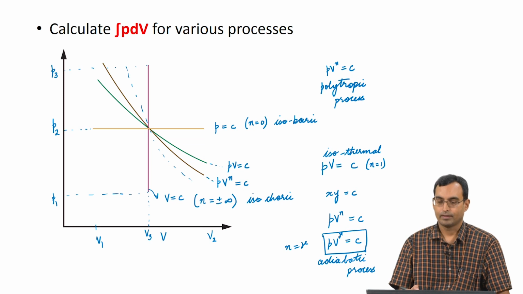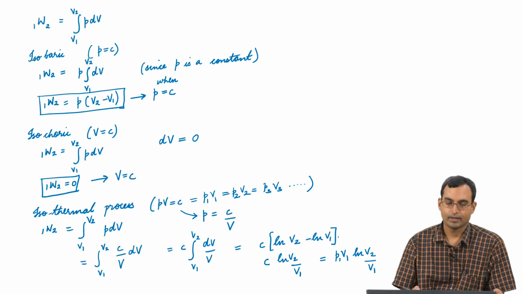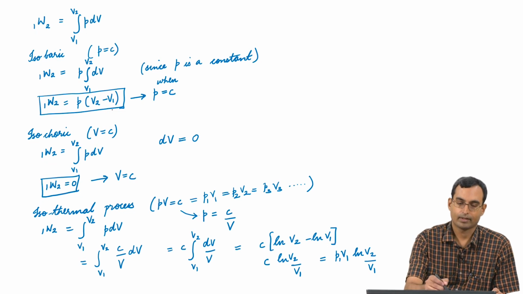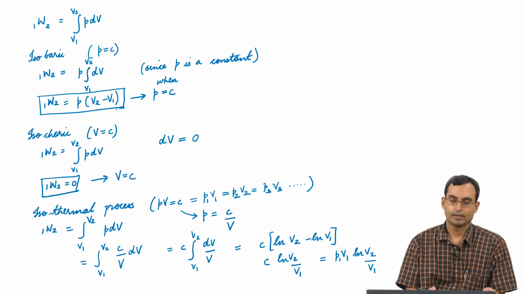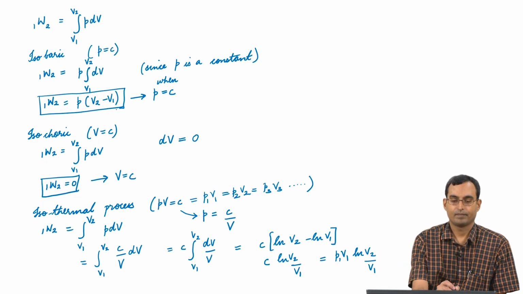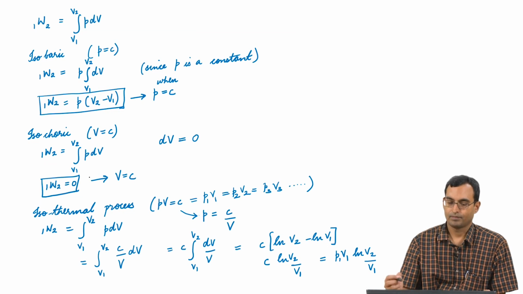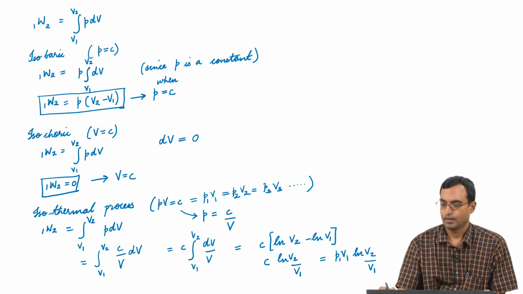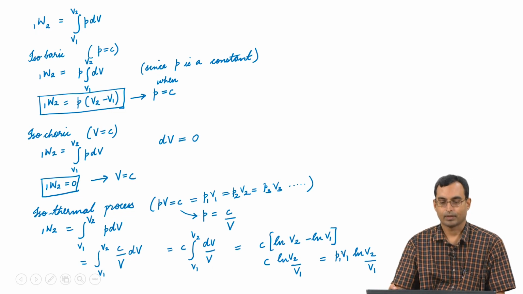And for the general cases, we found the value of this, where we got the work in terms of some constant pressure times the difference of volumes, where P is a constant, which is an isobaric process. We found the work is 0 when you have a constant volume process. We found the work in terms of a logarithm of V2 by V1 for an isothermal process.